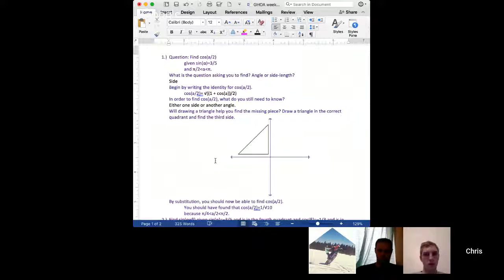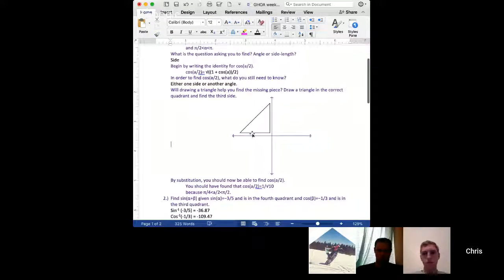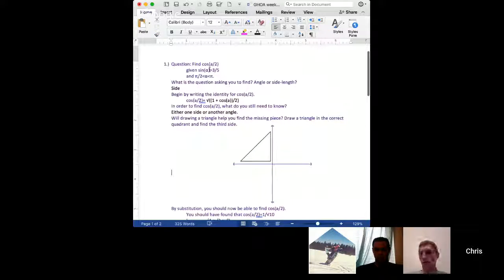The question is, sine of A equals 3/5. So this equals 3/5. We know that. We know that's 90, and we can find out this angle right here. Okay, that makes sense. Does that make sense to everybody? Could you say it one more time? So we have sine of angle A is 3/5.